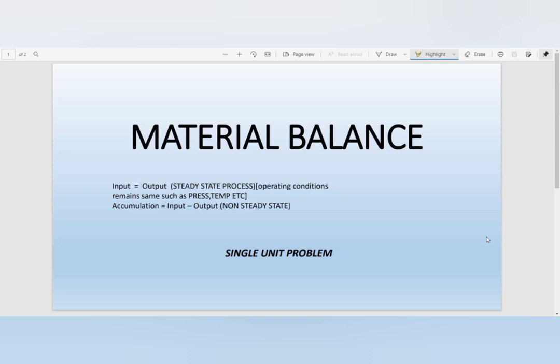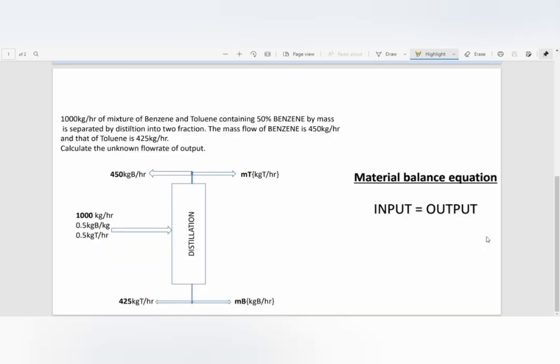Material balance or mass balance is that anything which comes into the system will go out with the same quantity. The material balance equation shown here is that input equals output.